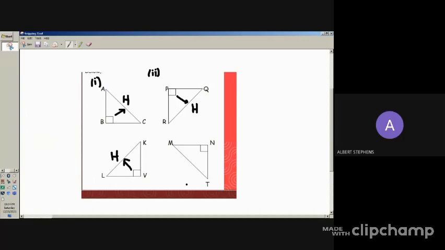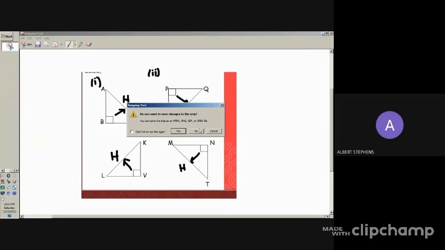Any takers for this one? Yes, Mark, you are correct. It is side MT because it's opposite the right angle. So M to T is the hypotenuse. And that is how you identify the hypotenuse in a right angle triangle.